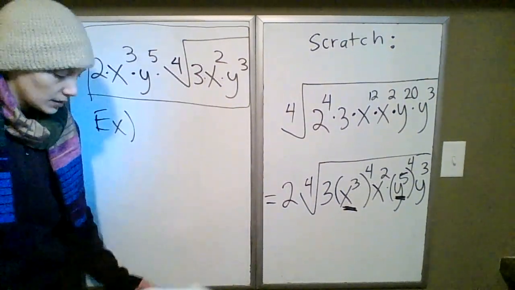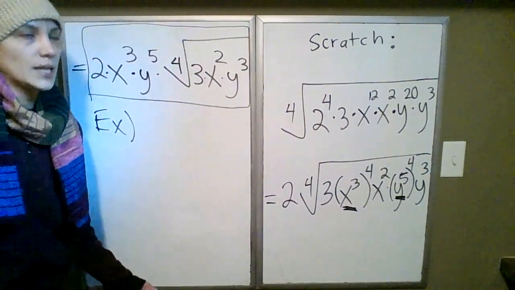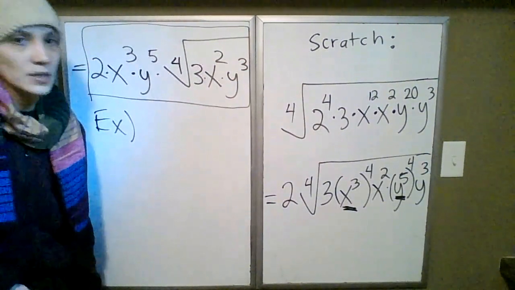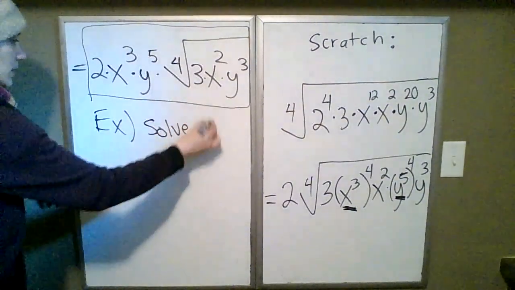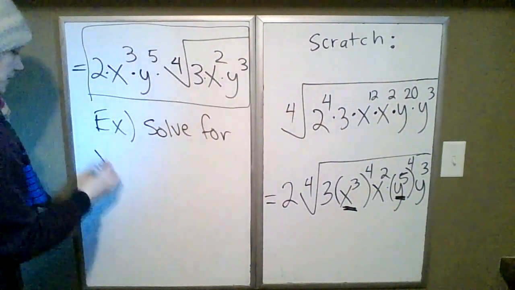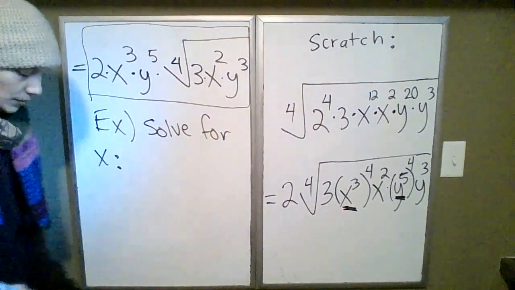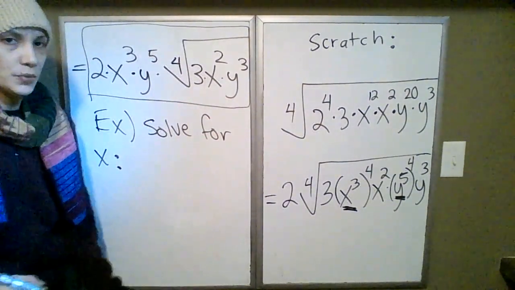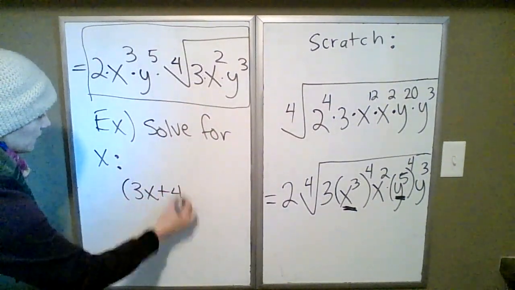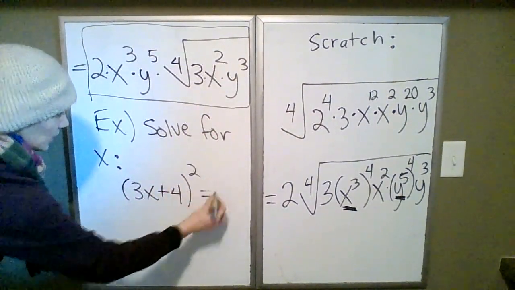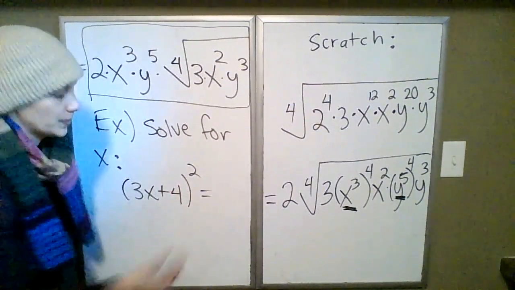I'm going to move on to solving an equation for x, and we're going to use the square root property. With 3x plus 4 squared equal to 25.